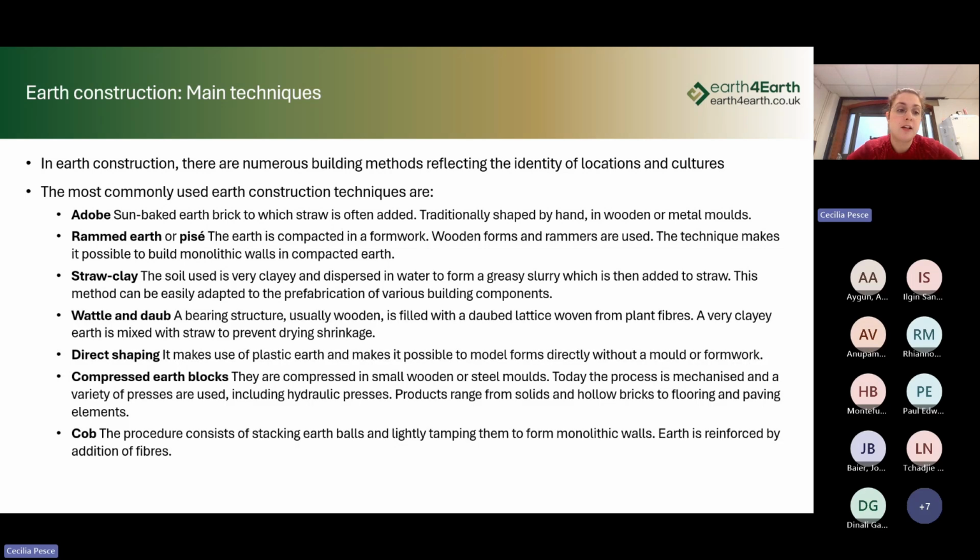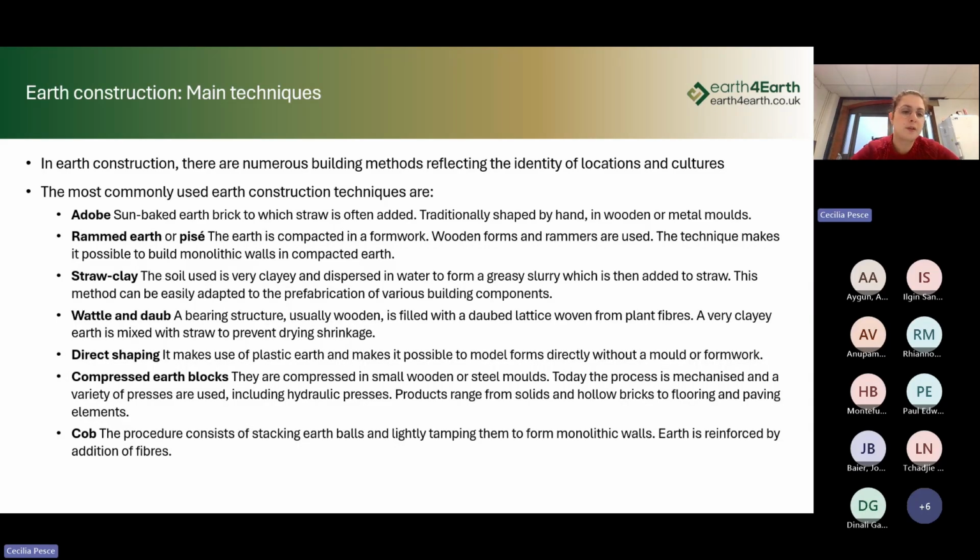Direct shaping, quite obvious, but it's also very used even in large structures. So basically the earth is quite plastic in this case, and it's literally shaped by hand and applied directly on the structure with the desired shape and form.